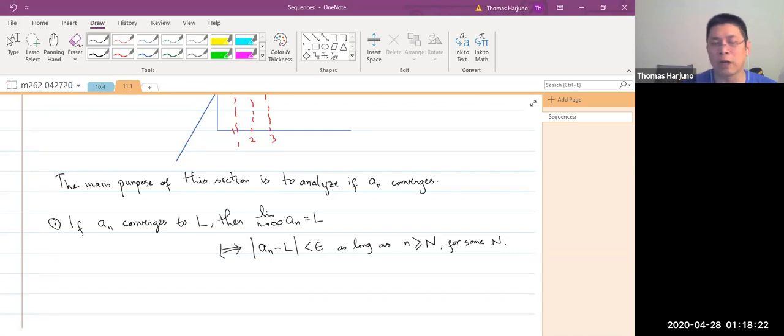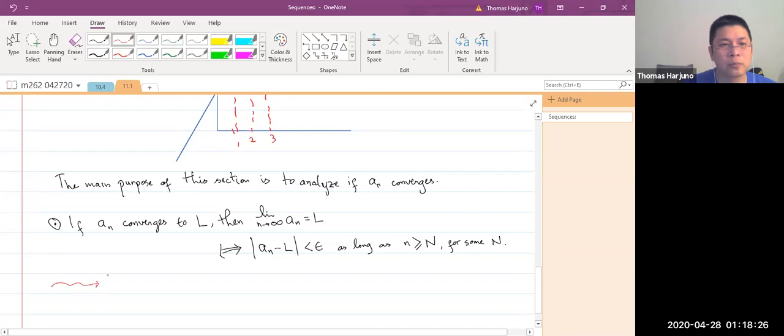Thomas, I don't really get it. Think of this as the horizontal asymptote on the far right.